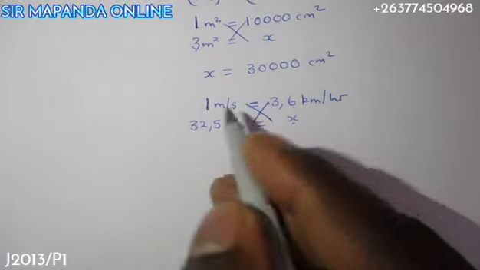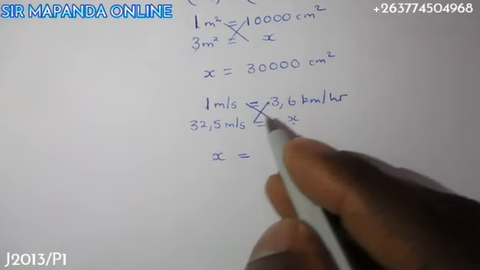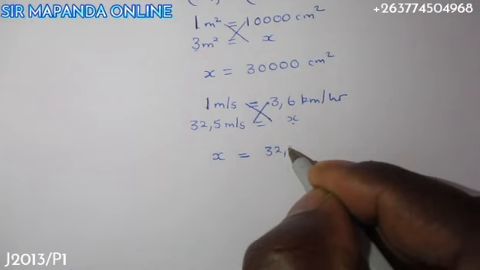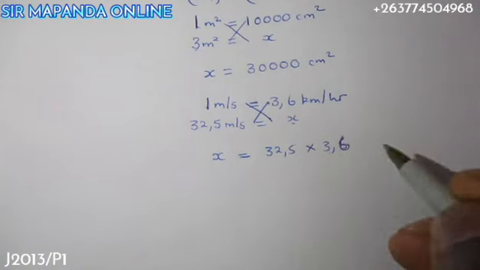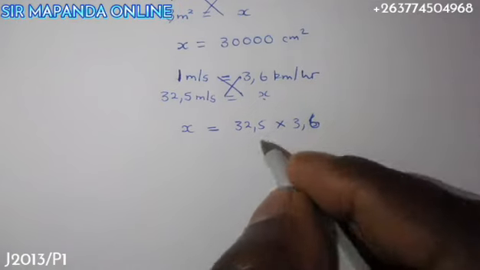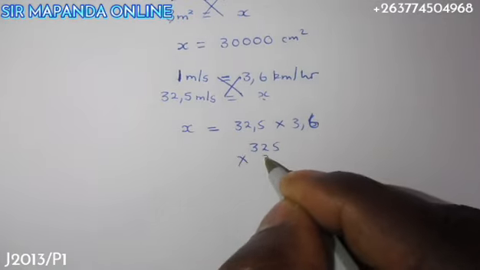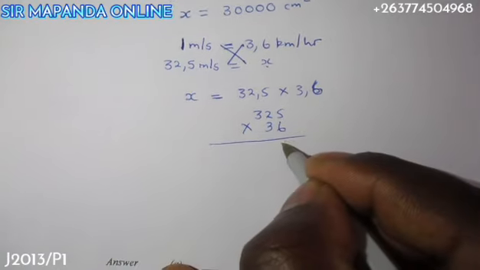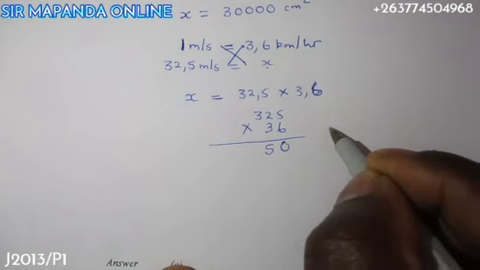So x times 1, you get x. Then you multiply 32.5 with 3.6. So when multiplying decimals, you start by ignoring the commas. So you are saying 325 times 36. 0 is a placeholder. 3 times 5, you get 15.